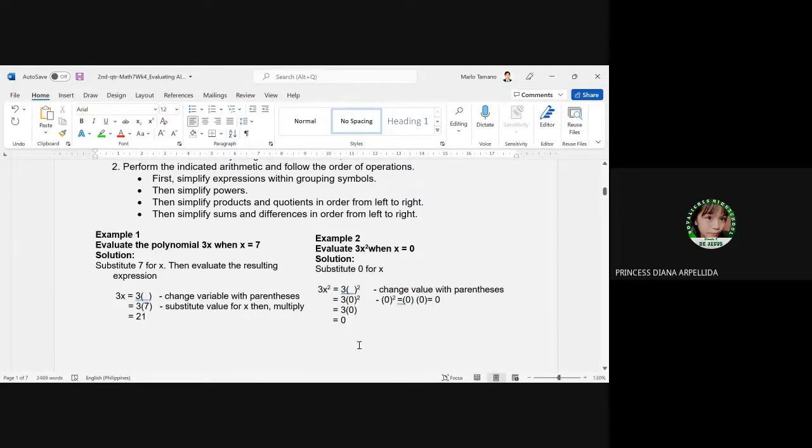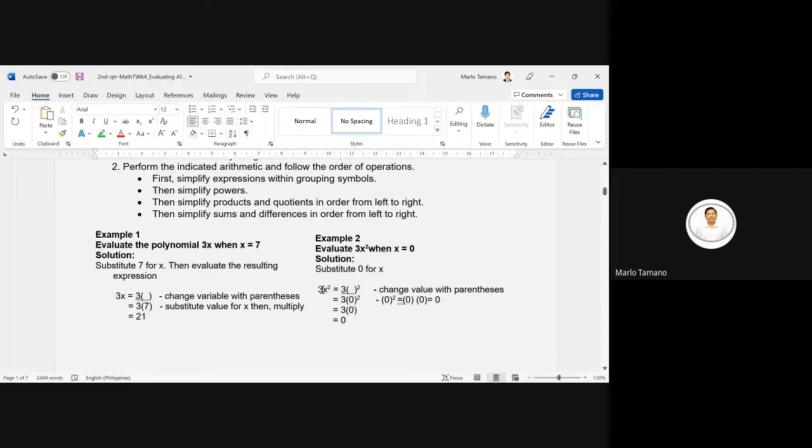Number 2. Look at the flow of the different examples. Nadadagdagan ng part or factors. So katulad nito, evaluate 3x squared. Kanina wala tayong squared, nilagyan ko na ng squared. So 3x squared when x is 0. Solution, substitute 0 for x. Or you simply replace x with 0.